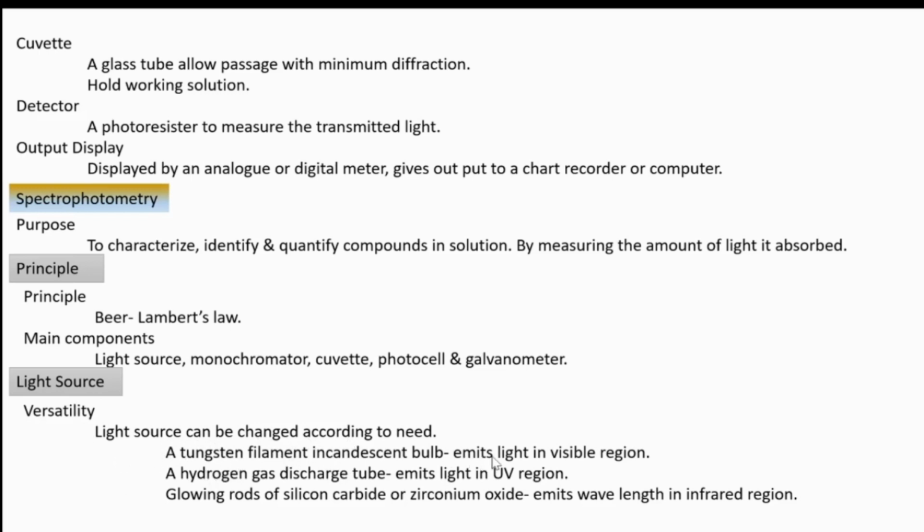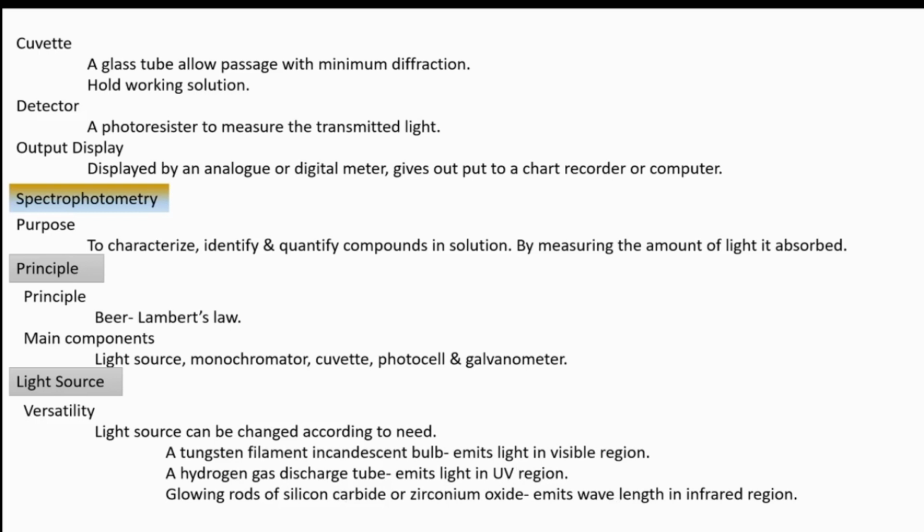So when we need visible region emitting light, at that time we can use a tungsten filament incandescent bulb. At other times we need UV light, and then we need to use a hydrogen gas discharge tube.